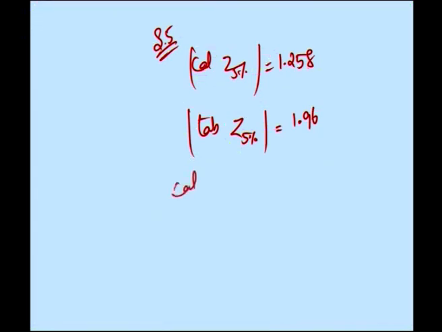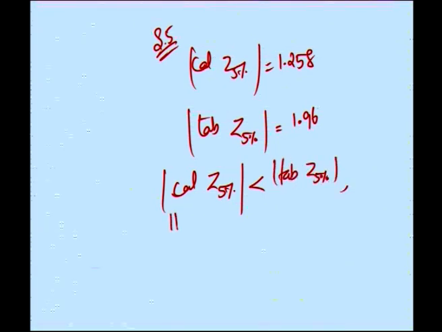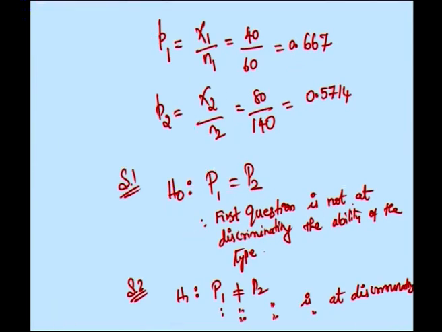Therefore, calculated Z at 5% is less than tabulated Z at 5%. Hence, H naught is accepted. When H naught is accepted, what is the H naught statement? That should be written as the conclusion. That is, the first question is not good at discriminating the ability of the type.